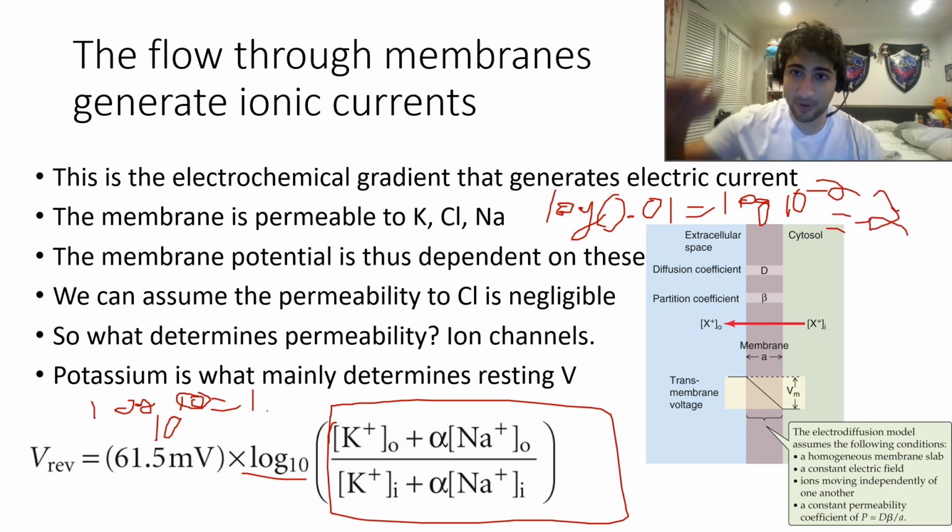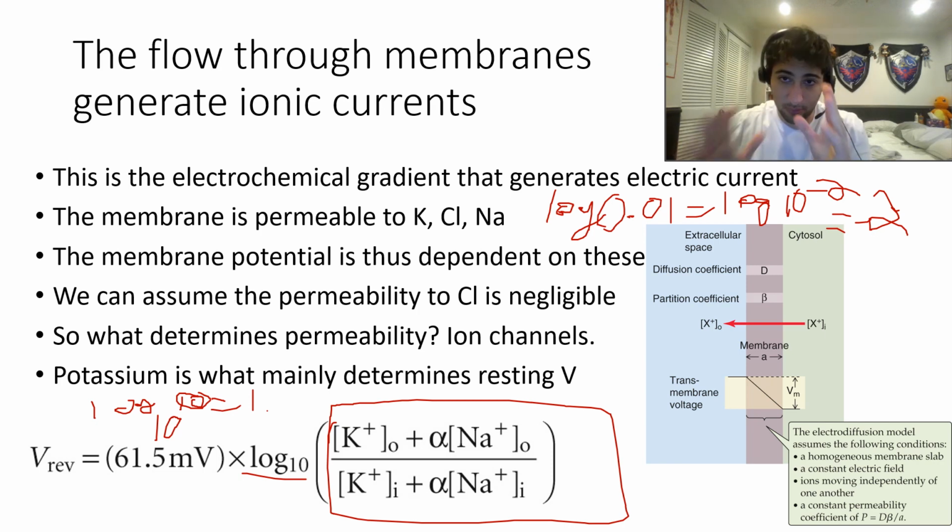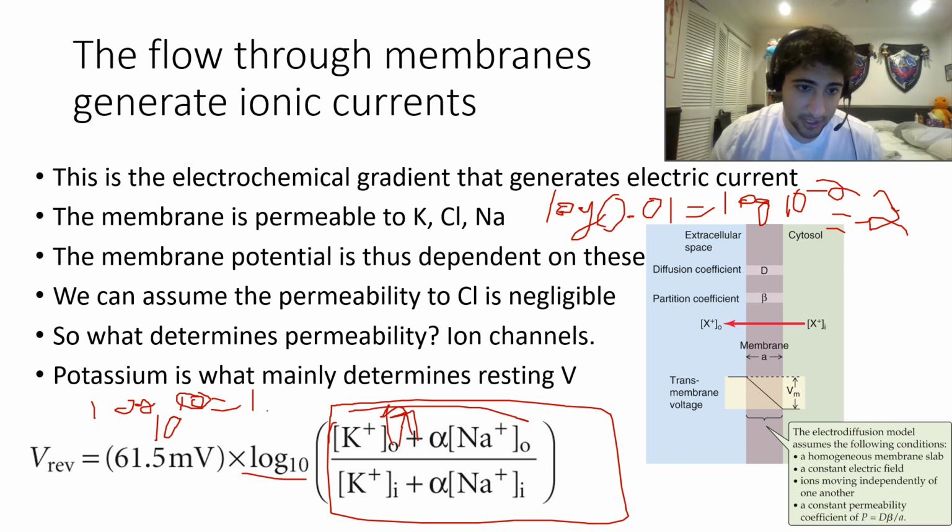So log base 10 of 10 to the negative 2 is equal to negative 2. The further you get below 10 in a logarithm function, the more negative you become. That's something to keep in mind, and it will make more sense when we see it on the other slide. For example, for potassium, if we increase the potassium outside the cell, it increases the numerator.